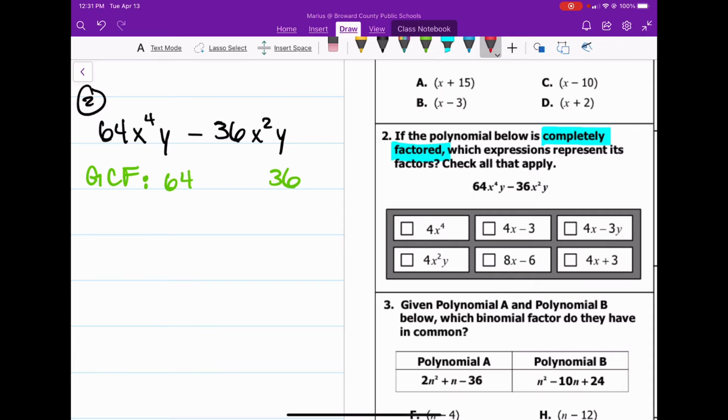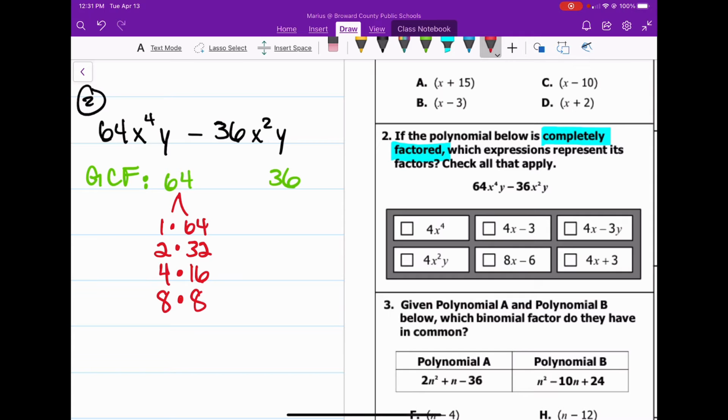So when factoring 64, we have 1 times 64, 2 times 32, 4 times 16, and 8 times 8.